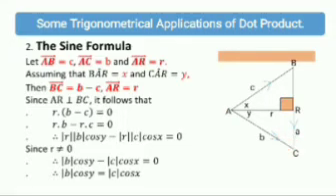Now, moving forward, to make BC the subject of the formula, we are going to write b minus c, because we say that c plus a is equal to b. If you want to make BC the subject of the formula, you need to transfer this to the left hand side so that you have b minus c. Therefore, this line BC is equal to b minus c, and that is what we have here.